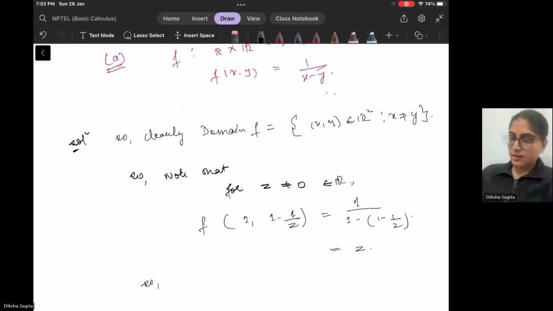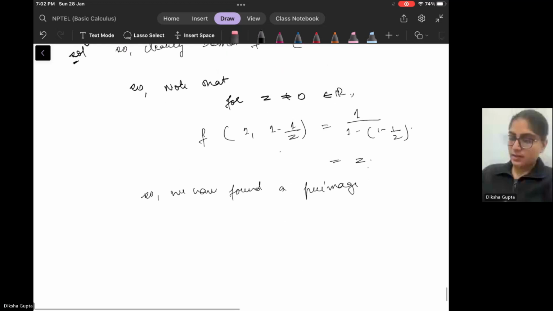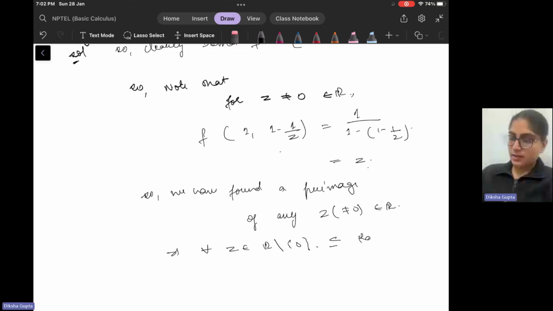So we have found a pre-image of any z non-zero belonging to R, implies all z belonging to R minus 0 is contained in the range of the function f.